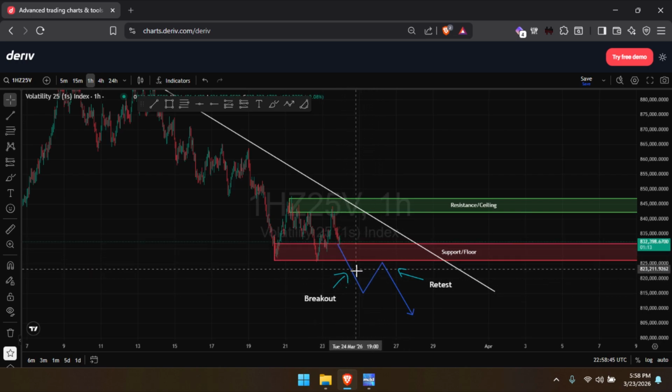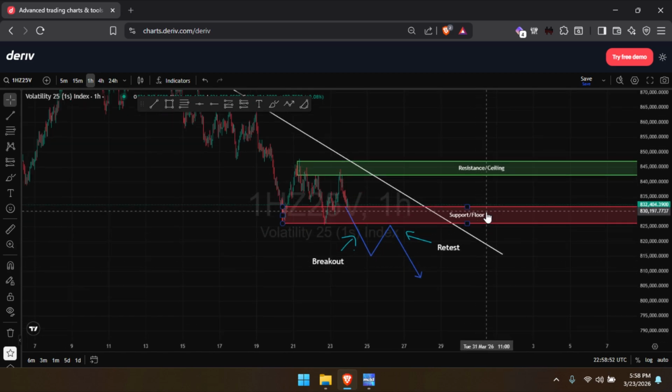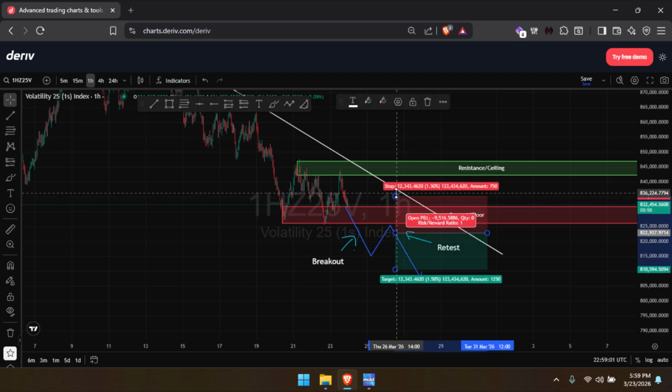The retest takes place right here. The breakout breaks low and then retest, as I said, right here. So this is the breakout. Comes down and retests, and it continues. And as I said, these will be moved down further, but that's after you've taken your trade.